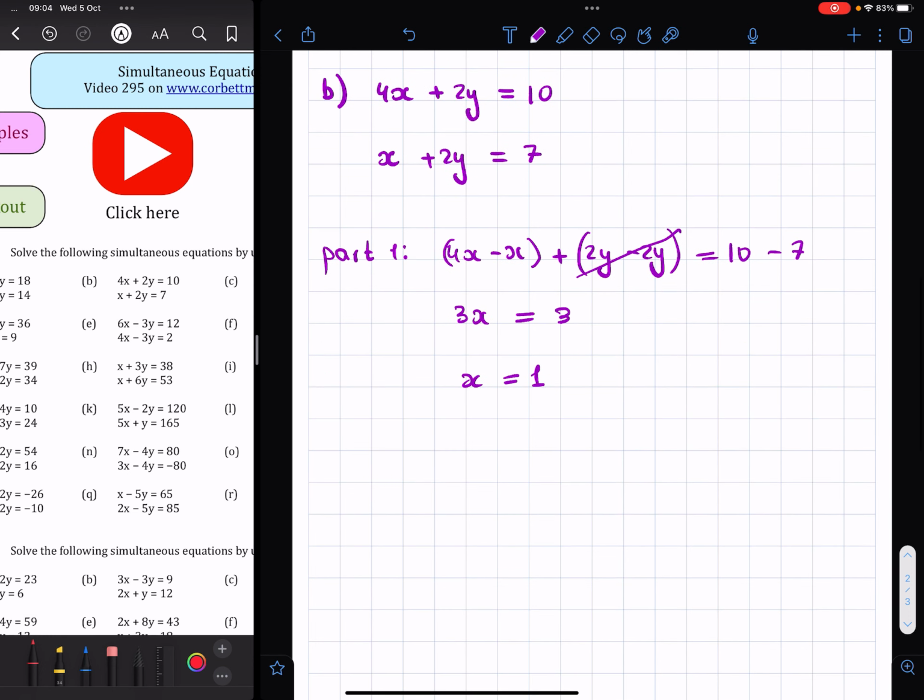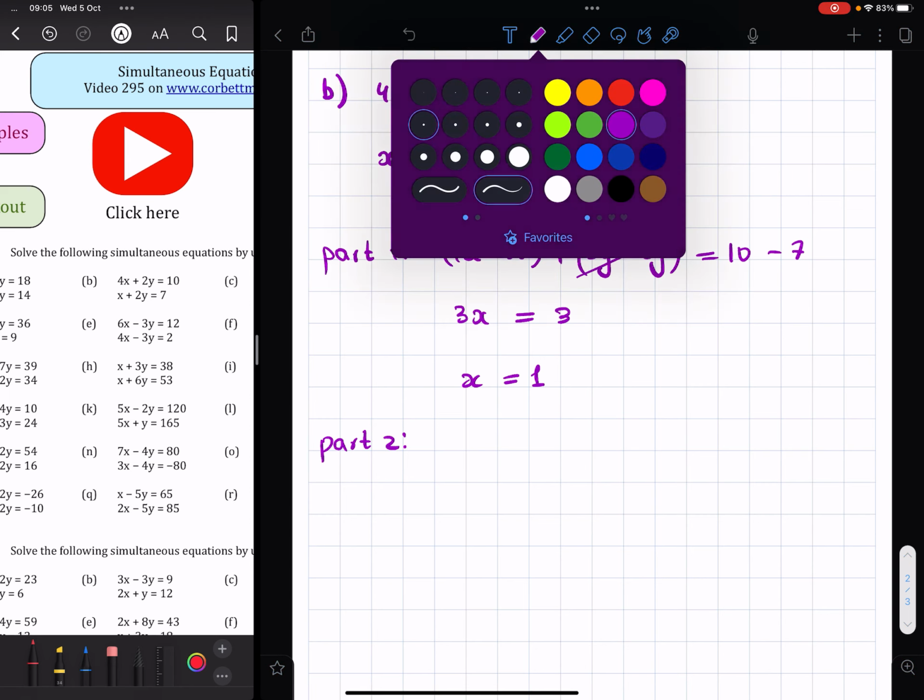Perfect. So if I know x, I'm going to go with part 2 to find the y value. So which equation am I going to take? I'm going to go with the second equation. Last time I told you it's better to actually name these equations, equation 1 and equation 2, okay?